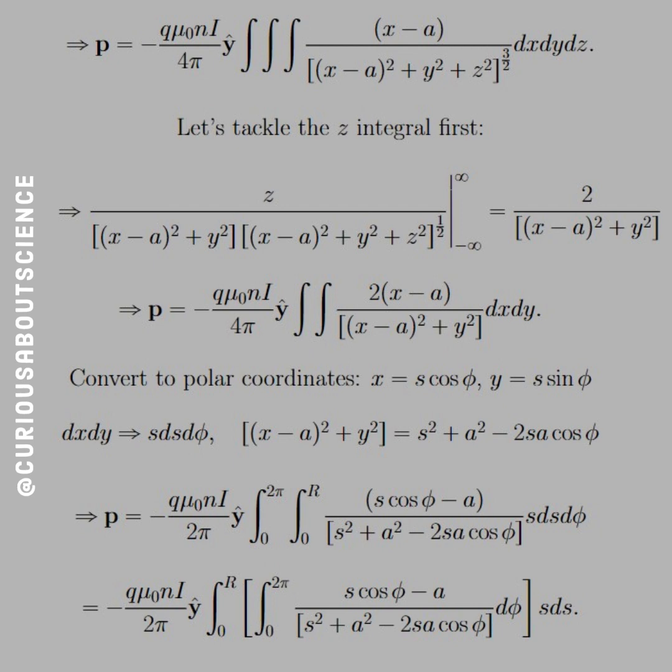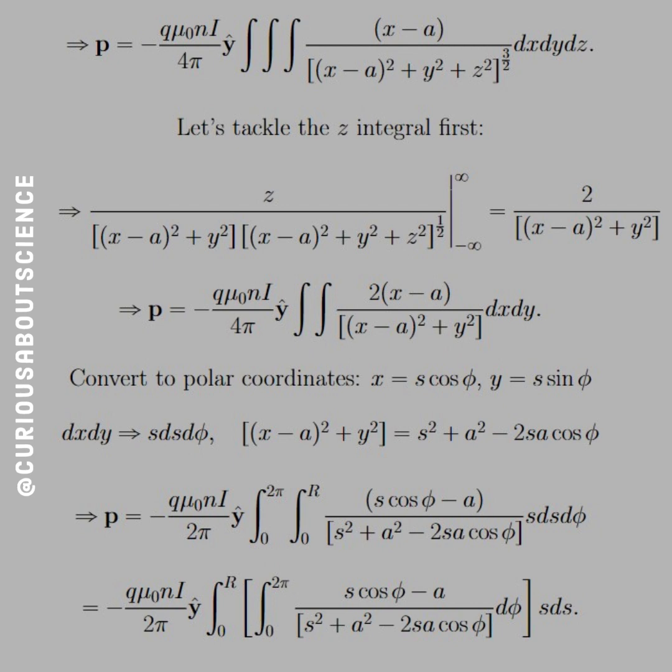Since we're integrating over all space, we go ahead and do dz. After we do that with substitution, negative infinity to infinity yields 2 over the square root of (x minus A) squared plus y squared. If we plug that back in, the momentum is thus with the 2, 2 times (x minus A) divided by the bracket (x minus A) squared plus y squared, dx dy.